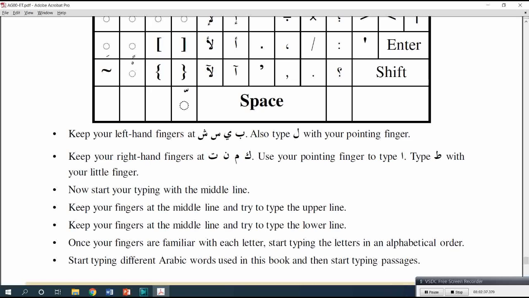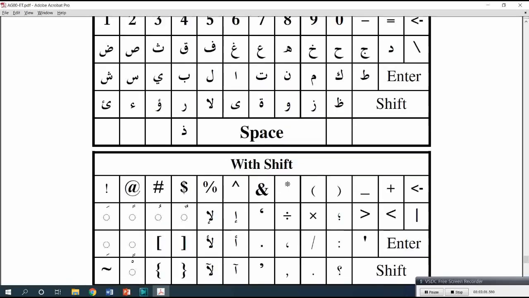With your pointing finger you will be able to write Alif in this way. Type Pa with the little finger. At the little finger this Ta appears in that way. So this is the keyboard you will be able to use.